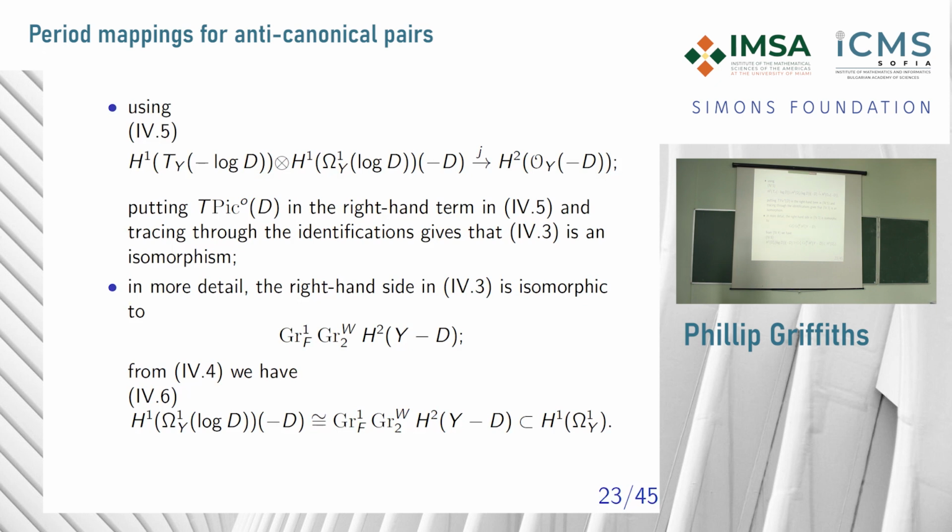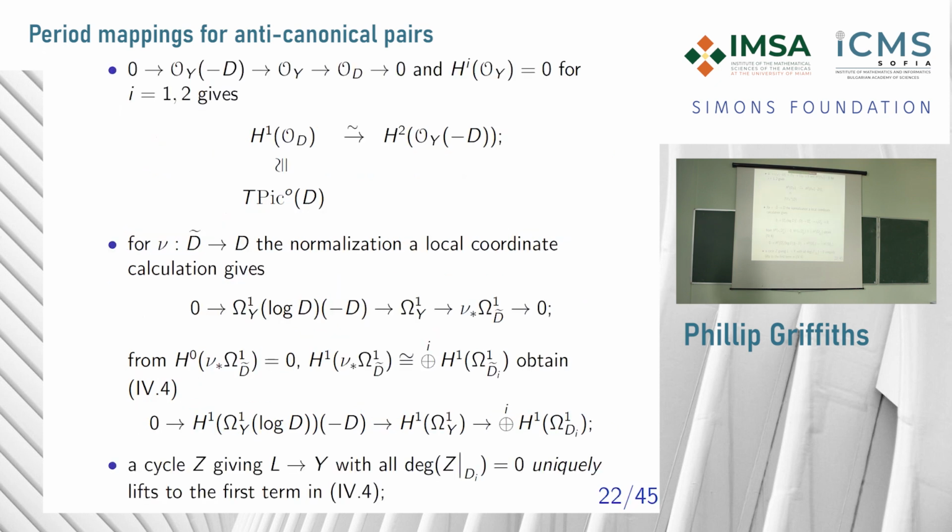The basic identification is looking at the mixed Hodge structure here, the weight 2 part that is of Hodge filtration type 1. So first you take the associated weight filtration, and then you take the associated Hodge decomposition, and you identify this group with this thing which appeared on the previous slide.